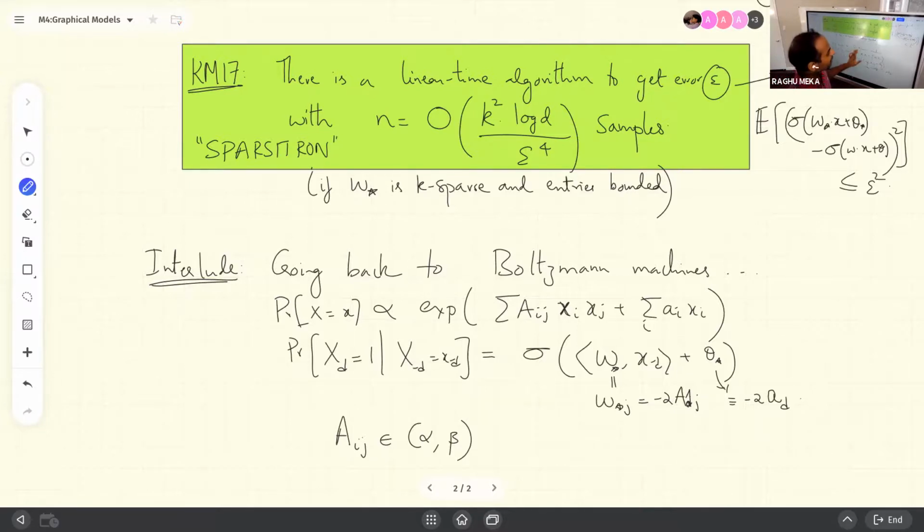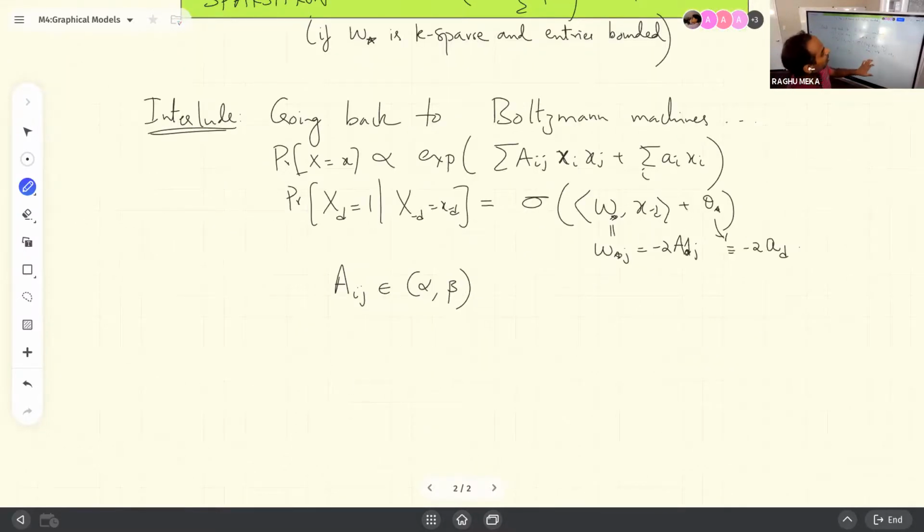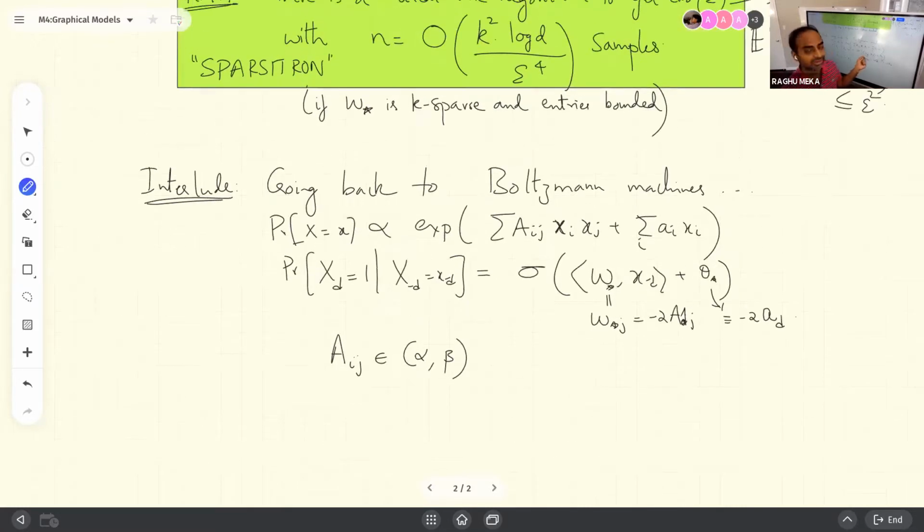But if I want to recover the graph, I need to know what the W stars are. I need to know which are the non-zero coefficients in W star. So I have a guarantee here which is like prediction error. But to solve the original problem, the problem of Boltzmann machines, we need to do what Hadley was suggesting at the beginning, which is I need to find what the unknown W star is.